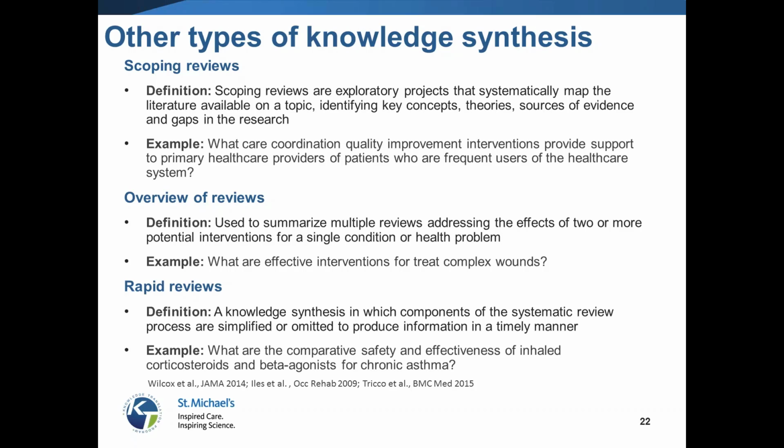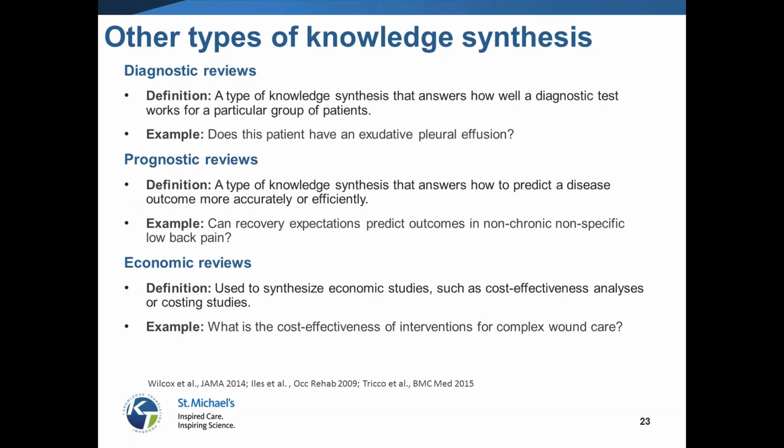And in this case, the knowledge users were particularly interested in us to do a rapid update of a previously published systematic review. So there was a systematic review, I believe it was published in JAMA, and what we did is we updated it really quickly, and we did this rapid review for them within 3 months. So that's an example of where we did a knowledge synthesis rapidly, and this was for, again, our Ontario Ministry of Health.